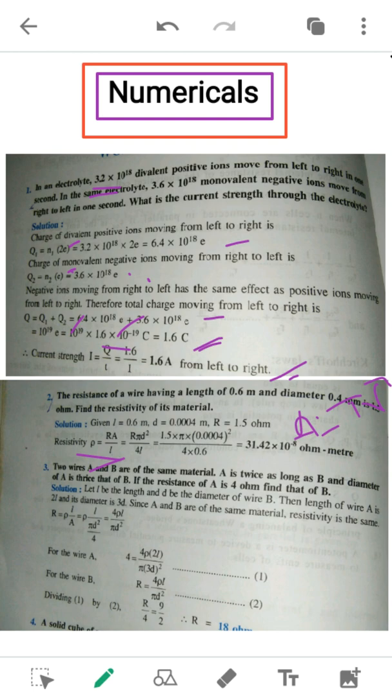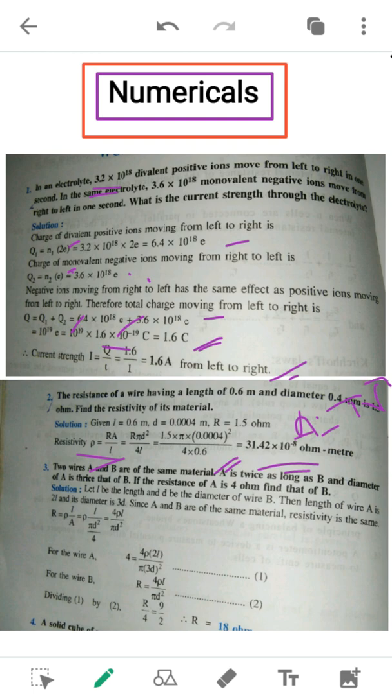Here D is given, so r is nothing but D by 2. So r square will be D square by 4. Therefore rho equal to R pi D square by 4L. We'll substitute the diameter and length. The answer is 31.4 into 10 raised to minus 8 ohm meter. So this is the resistivity of the wire.